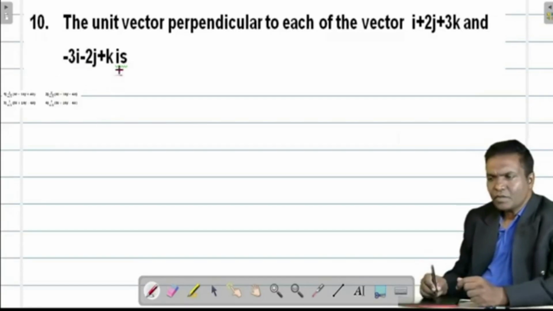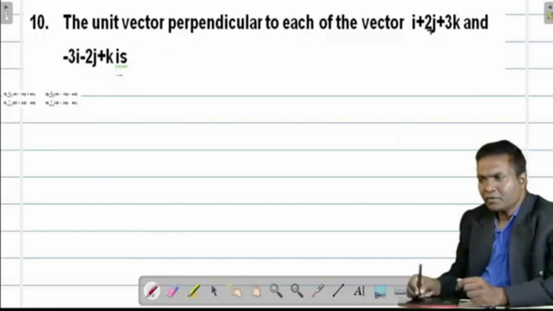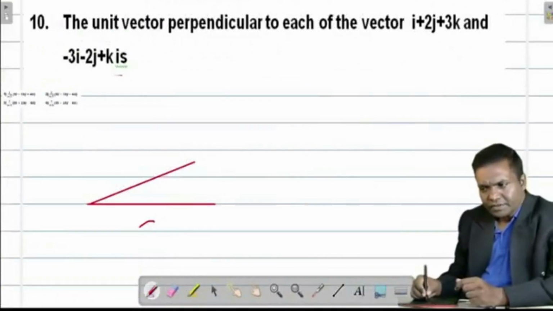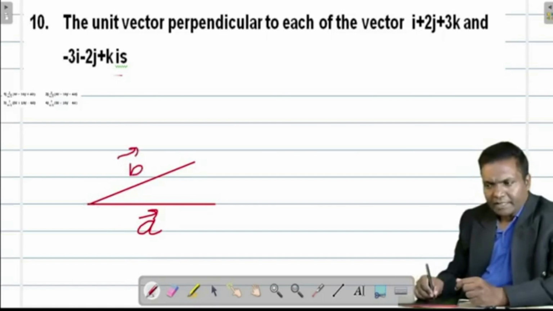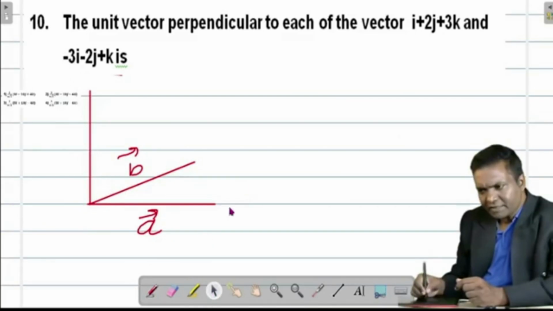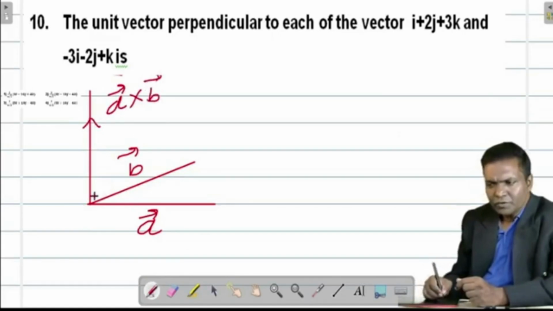See here, a unit vector which is perpendicular to each of the vectors means, suppose this is vector A and this is vector B, then the vector which is perpendicular to both A and B is A cross B. This is the A cross B vector which is perpendicular to both vector A and vector B.